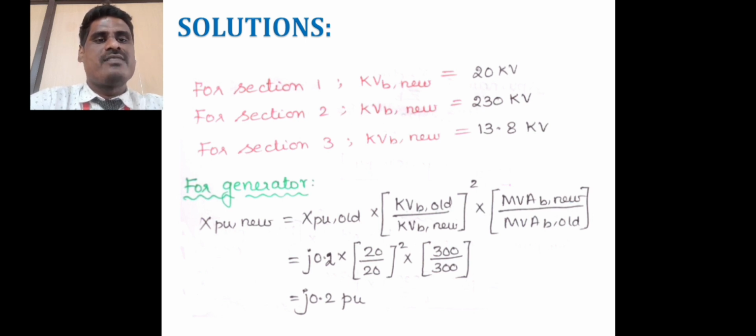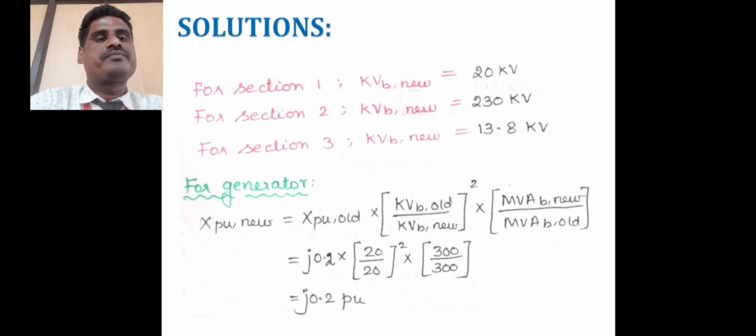For the first generator side, you will calculate the new impedance value. So, XPU new equal to XPU old into kVb old divided by kVb new, the whole square, into MVAb new divided by MVAb old. So, this is the formula for calculating the new reactance value of the generator. The per unit reactance value is j0.2, kVb old value is 20 and kVb new value is also 20.